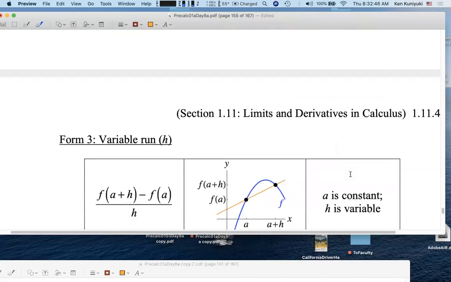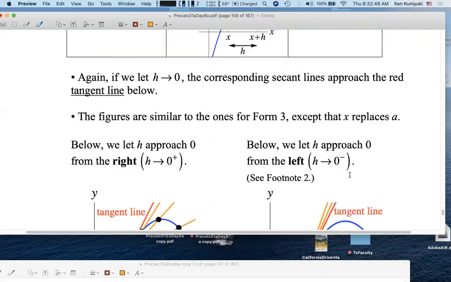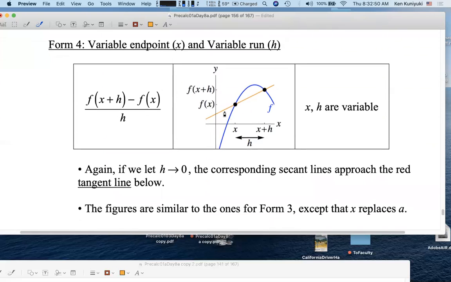Another way to look at this, going all the way down here. We've seen this before, rise over run, where this is really focusing on the run. The rise is f of x plus h minus f of x. The run is just h. Rise over run. And we take the limit as h approaches what?